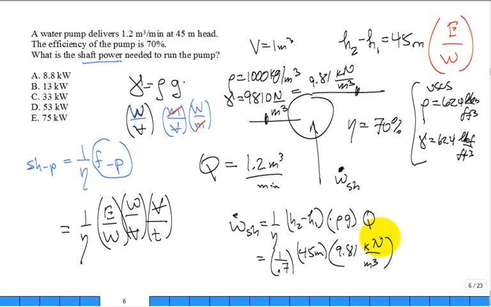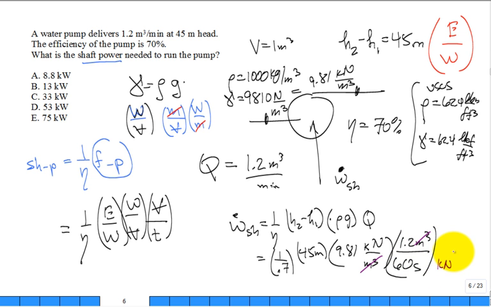We have gamma, which is rho G. And then we have a volumetric flow rate of 1.2 meters cubed per minute, 60 seconds. And let's think about units. The meter cubed, get rid of that. We have a kilonewton times a meter.